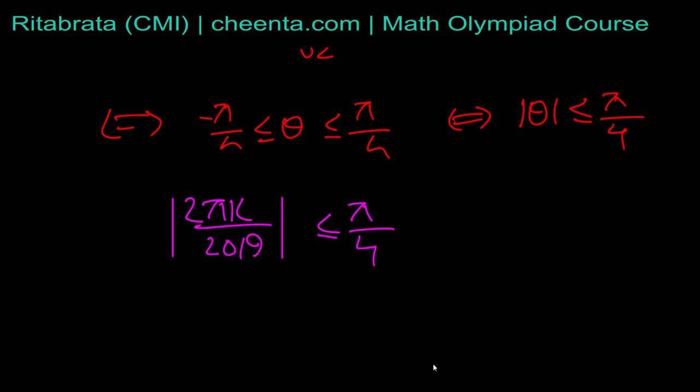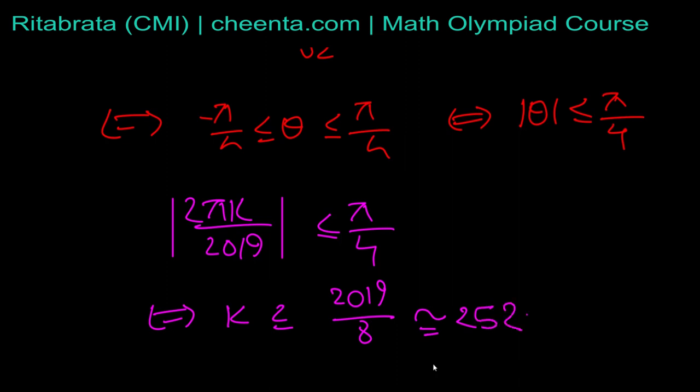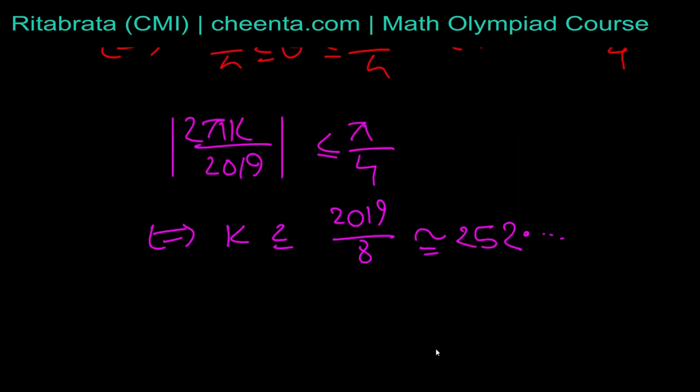This holds if and only if k is less than or equal to 2019 by 8, approximately 252 point something. Sorry, this is not k, this is mod k. So if and only if mod k is less than or equal to 252.